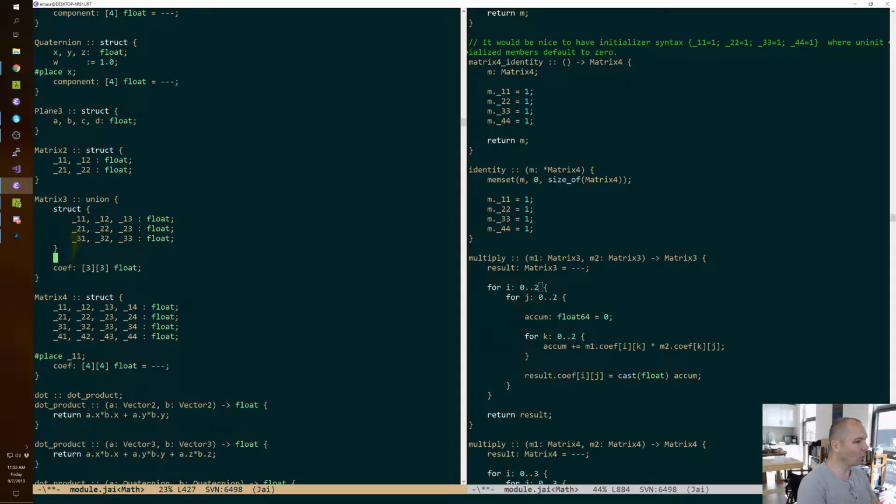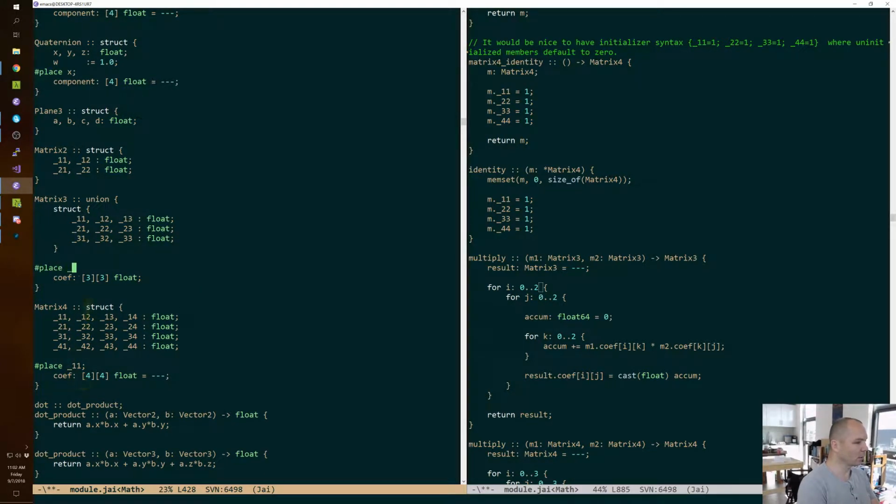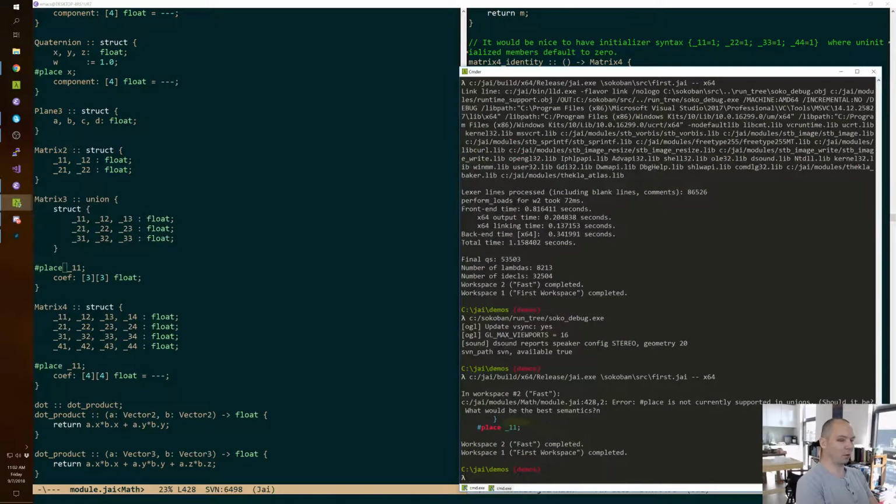That looks... Oh! Got to have the place directive. I uncommented this and I was just, oh, this is fine, right? The point is this array representation of the floats is supposed to overlap in memory so that you can refer to them either way, which is what this place directive does. That wasn't there and it didn't ever matter because we weren't using this because it was commented out. Guess what? It matters if you're using it.